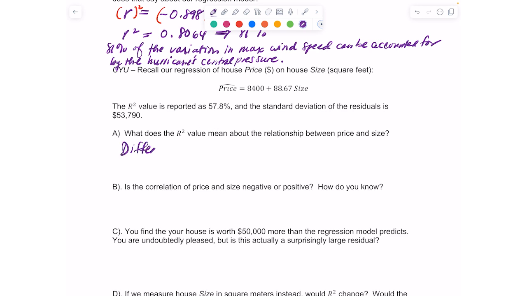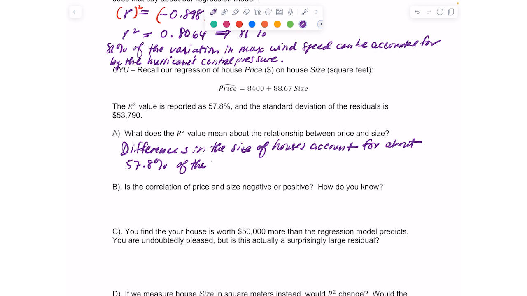So differences in the size of houses account for about 57.8% of the variation in the house prices. Remember that we are comparing the x to the y, and what percentage of y, so y here, prices, can be explained by x.